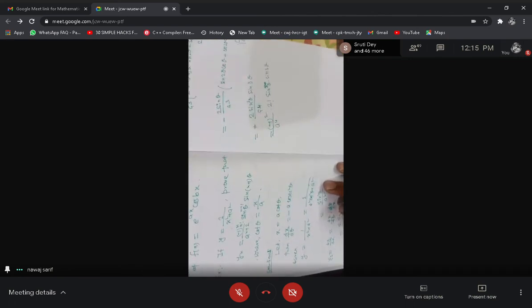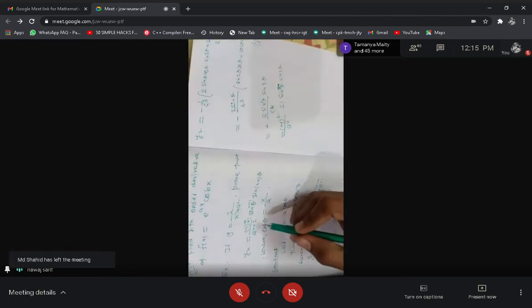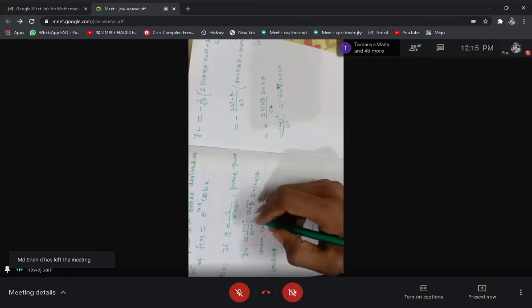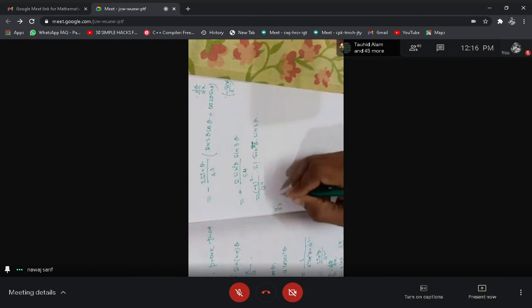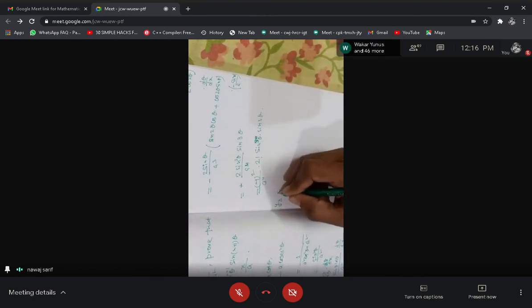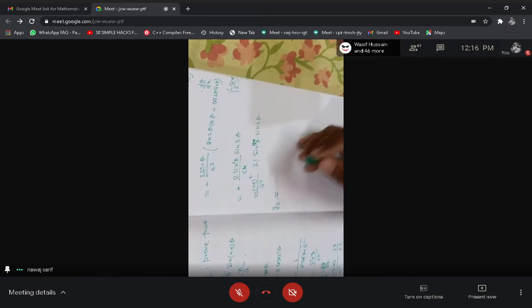Okay, in your exercise here yn is minus 1 to the power n upon a to the power n plus 1. This n factorial is missing, so this will be n factorial. So what will be y3? Similarly you can find y3. Just try to find out y3.